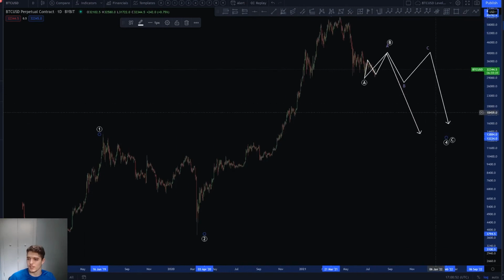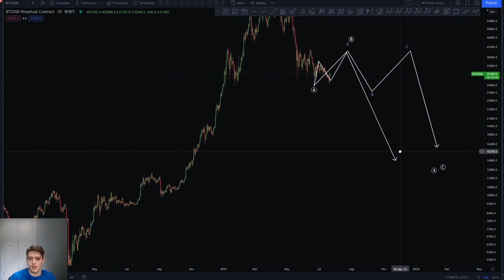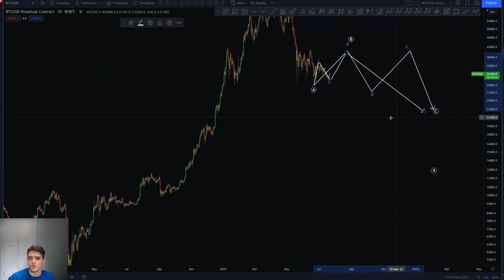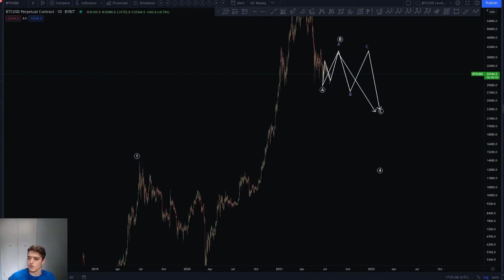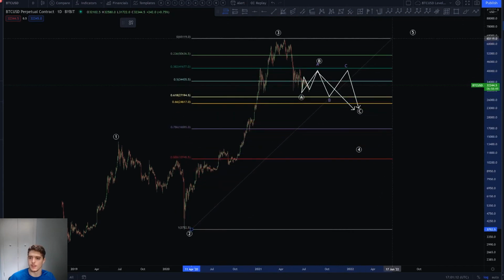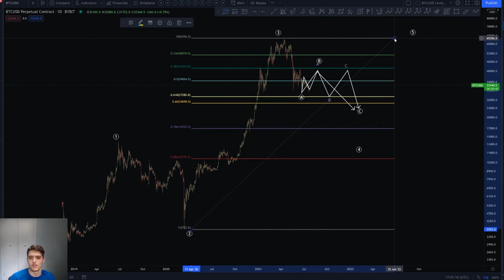I've already gone over this in previous videos, but just to reiterate very quickly, I'm mainly looking at this order block right here around 23 or 24K for wave C. Alternatively, we have the golden pocket, which goes all the way down to about 26K, or actually it goes a little bit lower than that.